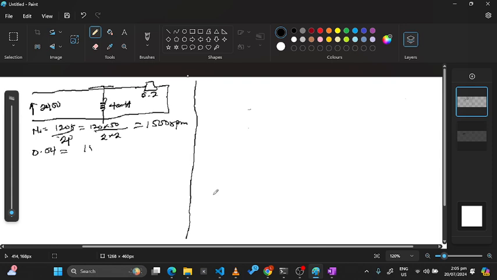That should be equal to 1500 minus omega R, divided by 1500. So 0.04 times 1500 should be equal to 1500 minus omega R. So omega R should be, on the calculator, 1500 minus 0.04 times 1500. Okay, so that would be our speed. So that would be 14.